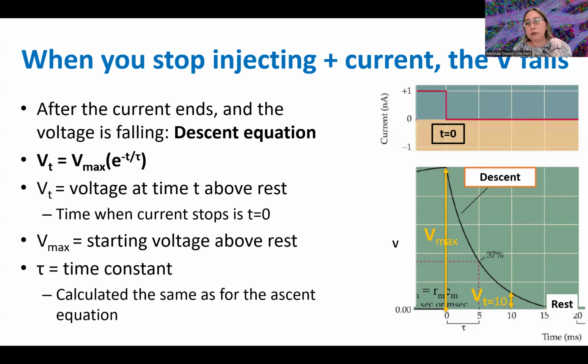You might be like, oh, well, I should start the timer for t equals 0 at the point where I applied the current, right? Because it says I applied the current for 5 seconds. No. If you're using the descent equation, you should always put the t equals 0 as the time when it starts falling, when you take away the current.